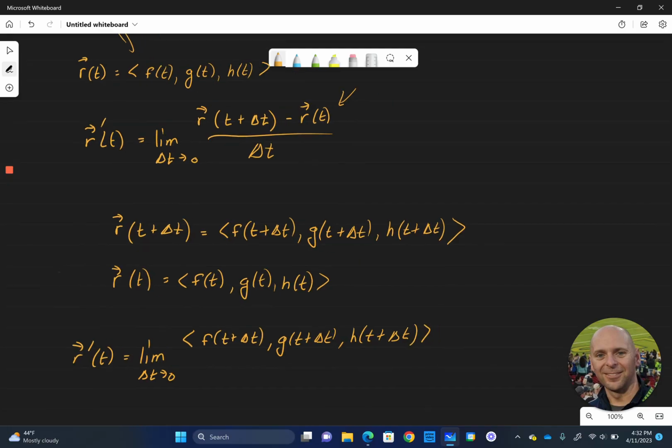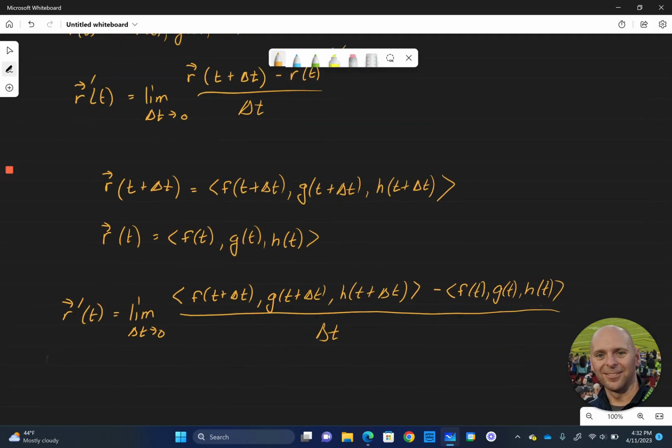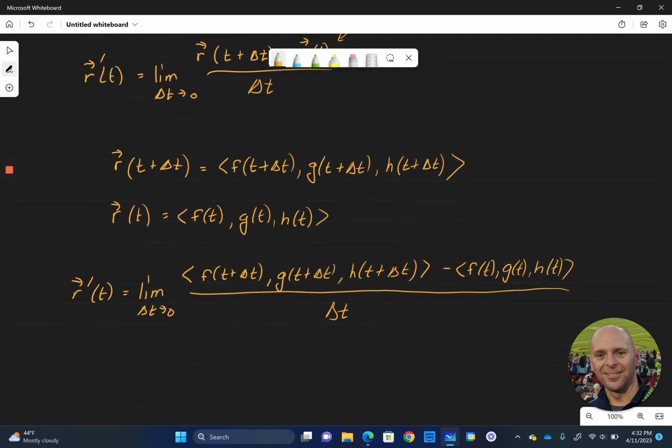Again, we're subtracting off r of t, so minus f of t, g of t, and h of t. And all of that gets divided by delta t. So there's your evaluation, and you can probably see how these pieces are going to come together here, but let's start writing this out just to finish it off.